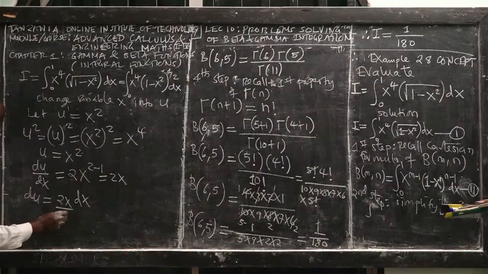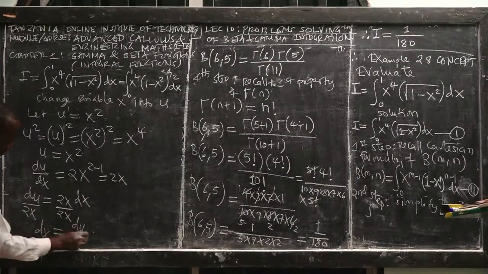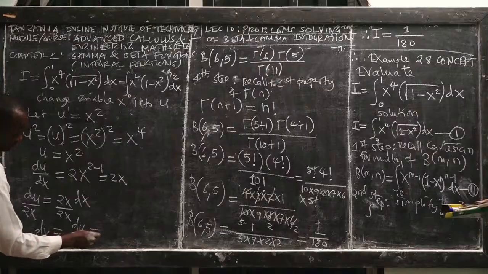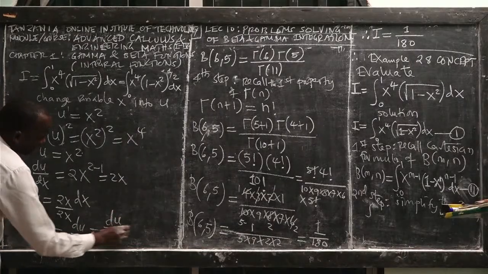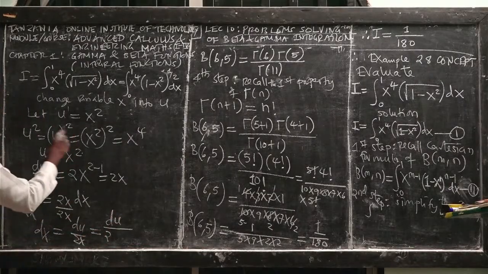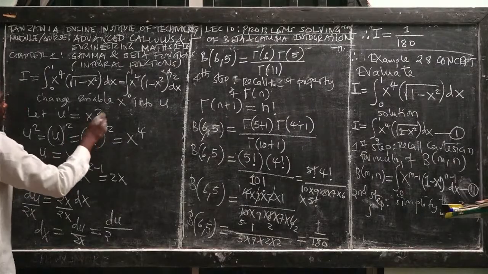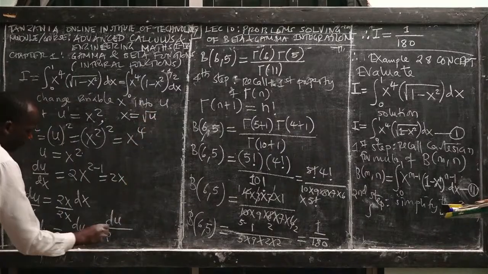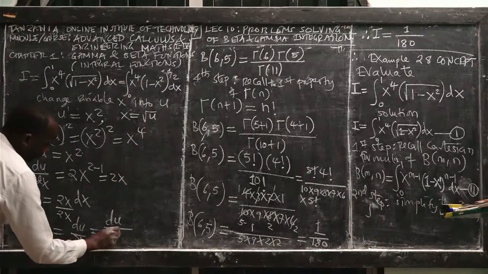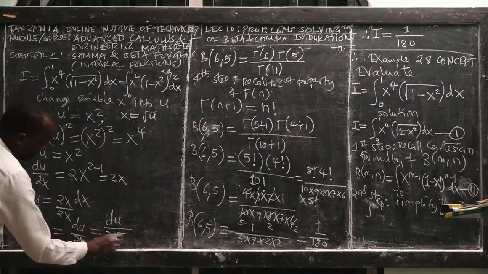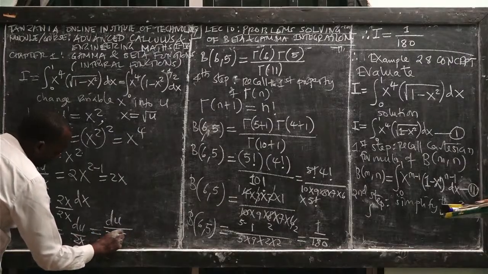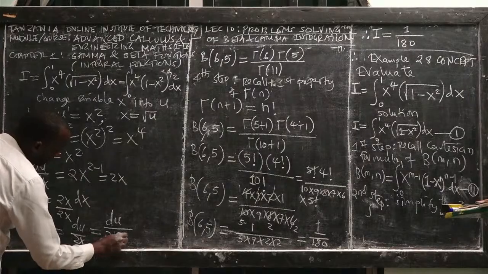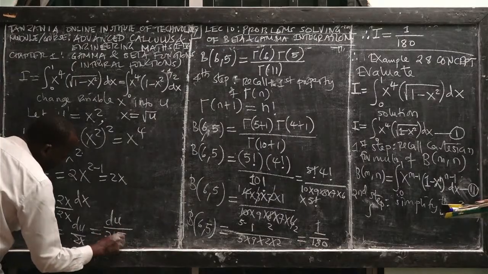Make dx the subject: dx is equal to du over 2x. And what is x? Making x the subject, x is equal to under root of u. So dx is equal to du over 2 under root of u.